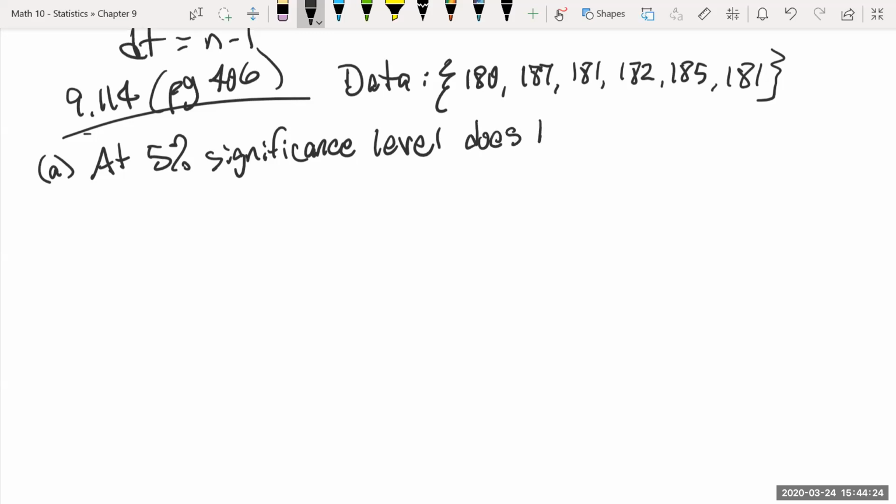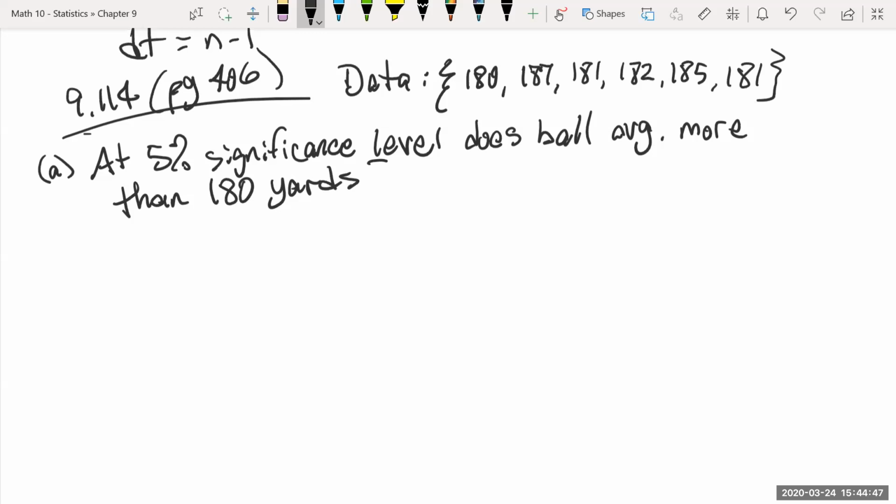Now let's interpret that, because the golfer wanted the ball to go, let me read it again, more than 180 yards. Does the ball average more than 180 yards? That's the question that we're going to ask.